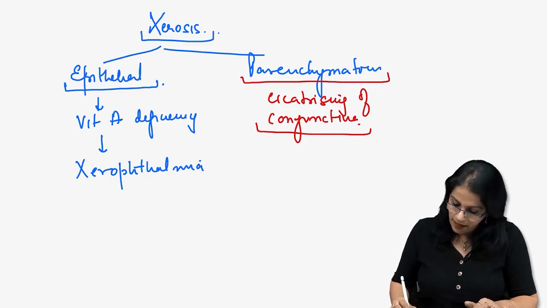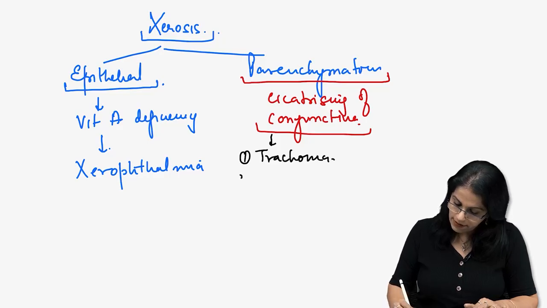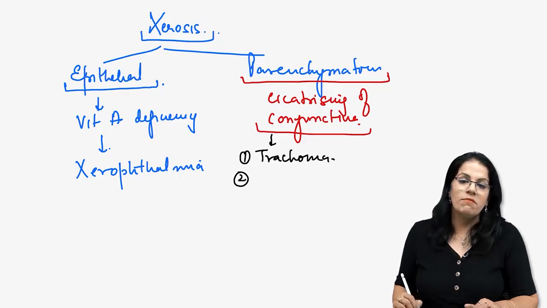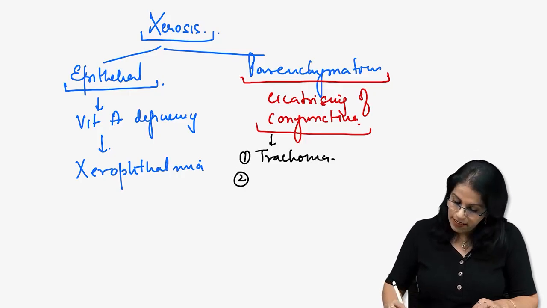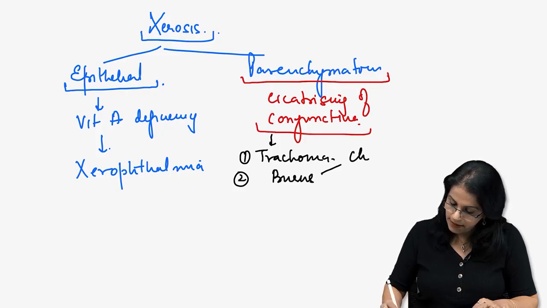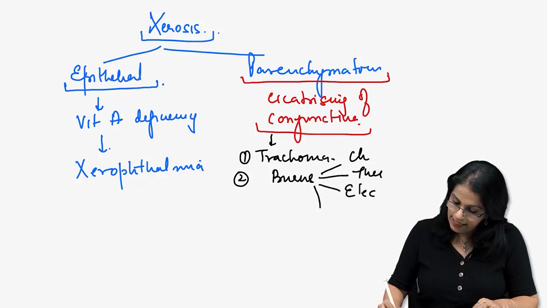Number 1 of course is trachoma. Then all types of burns. All types of burns means chemical burn, thermal burn, electrical burn, radiational burn.